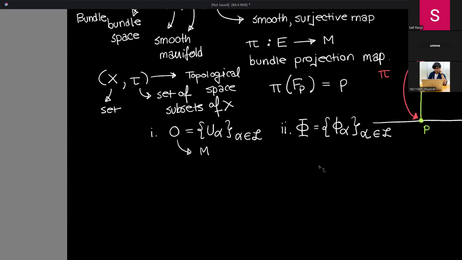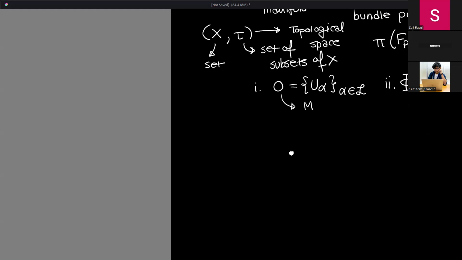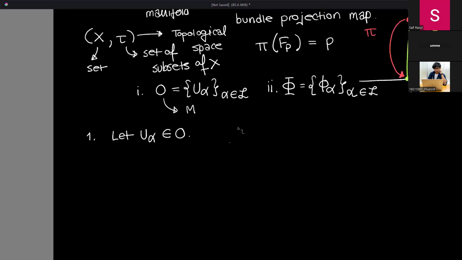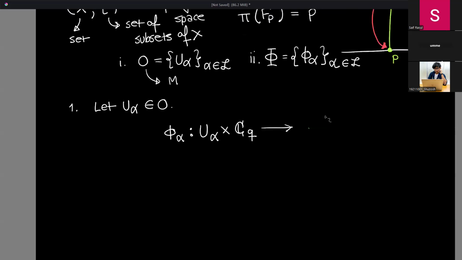Since M is a topological manifold, it will have an open cover and it will have a set of homeomorphisms. So condition number 1 is: let U_alpha be an element of O, then phi_alpha has to be a map from U_alpha Cartesian product with F going to pi inverse of U_alpha.